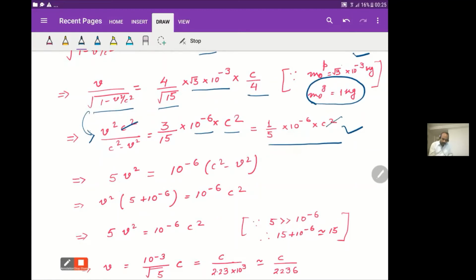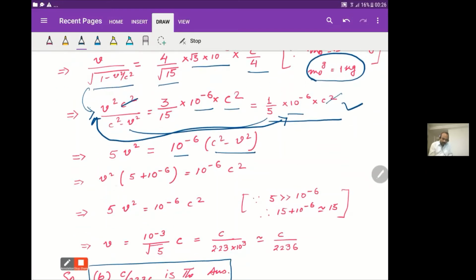We will have 5 v square, 5 is multiplied over here, is equal to 10 to the power minus 6 times c square minus v square. That gives us v square is taken common, so 5 plus 10 to the power minus 6, because this one will go this side, that is equal to 10 to the power minus 6 c square.